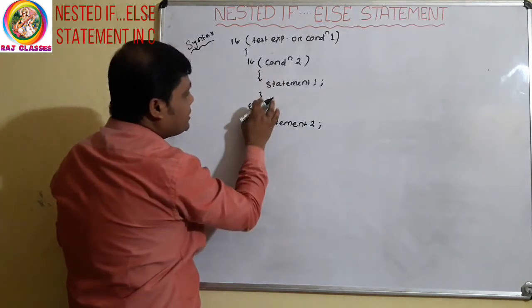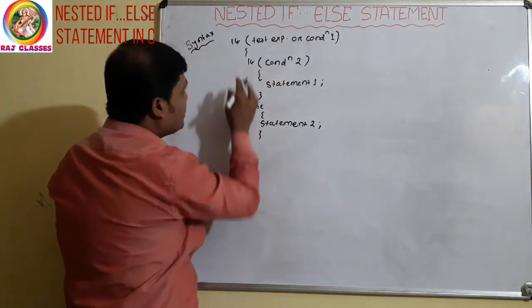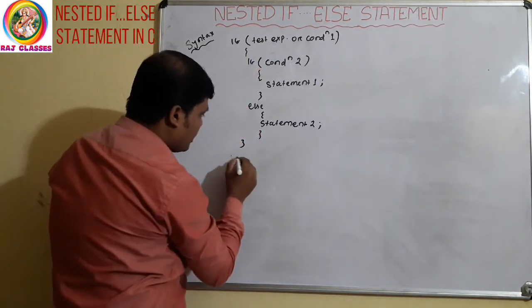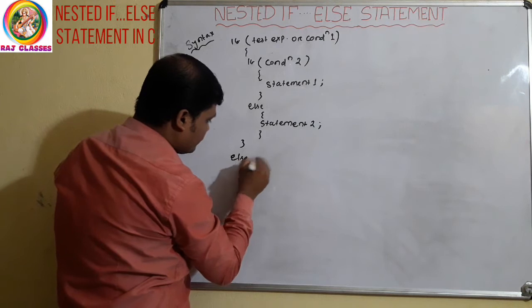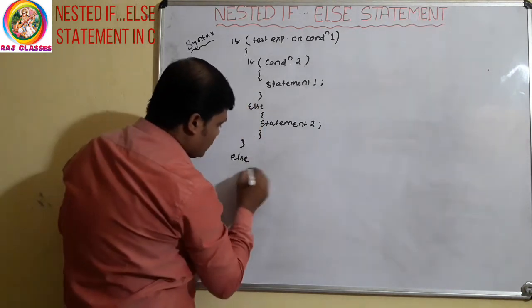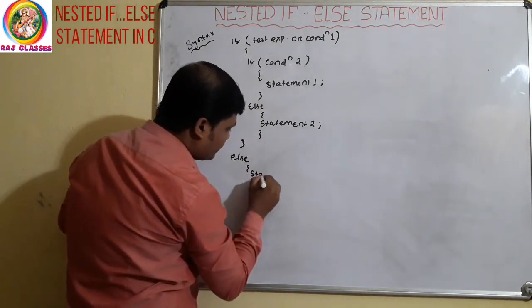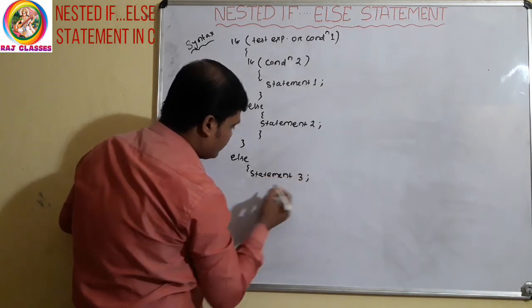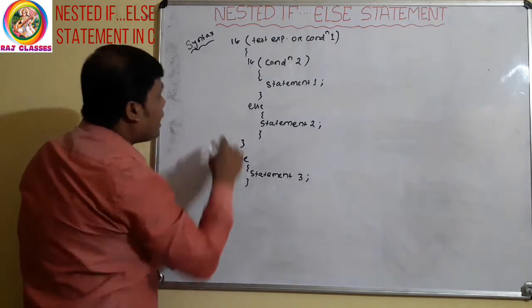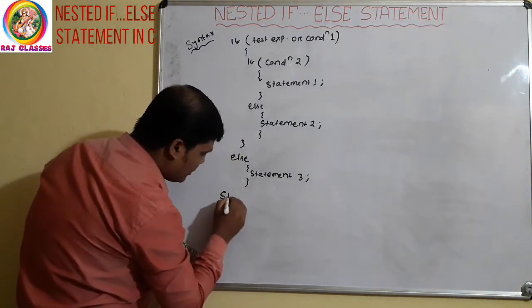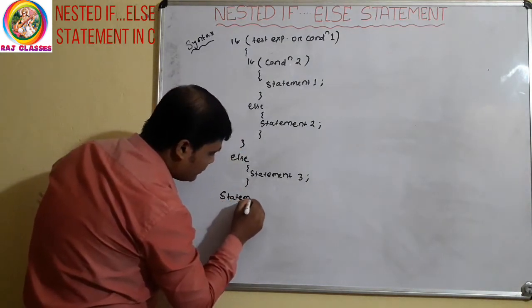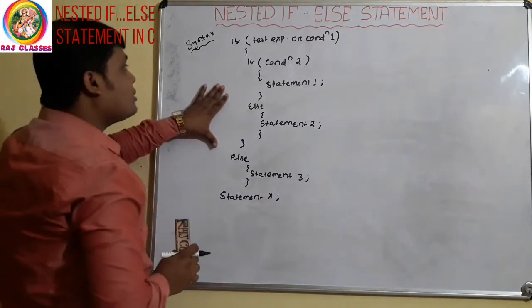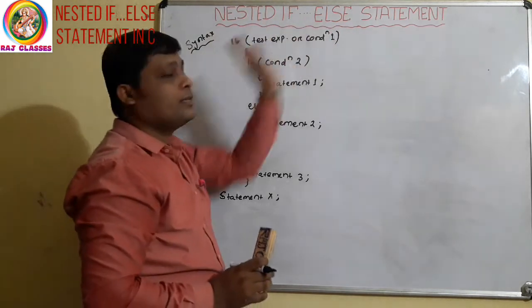This is the end of this if, this is the end of this else, then this is the end of this if, then else, then statement 3. Then outside there is another statement X. Clear?